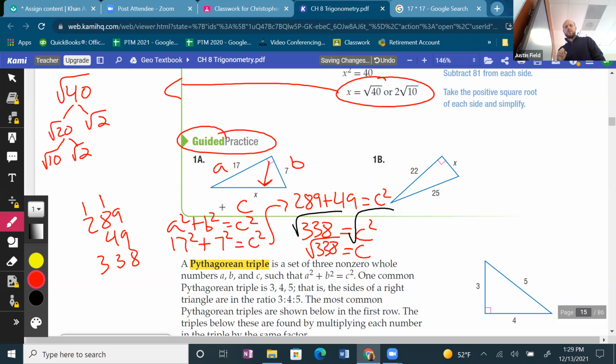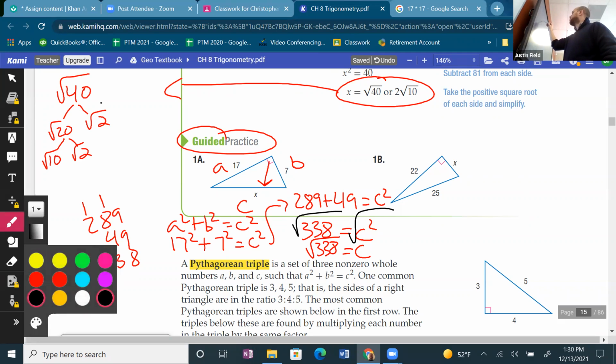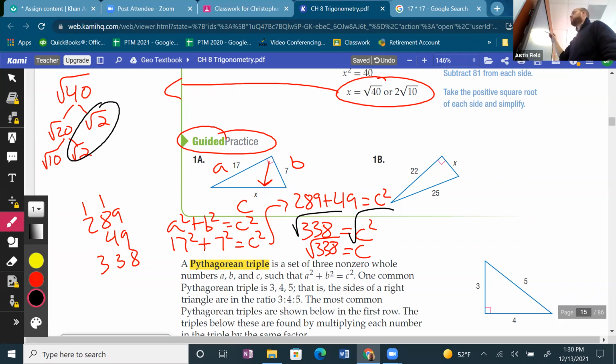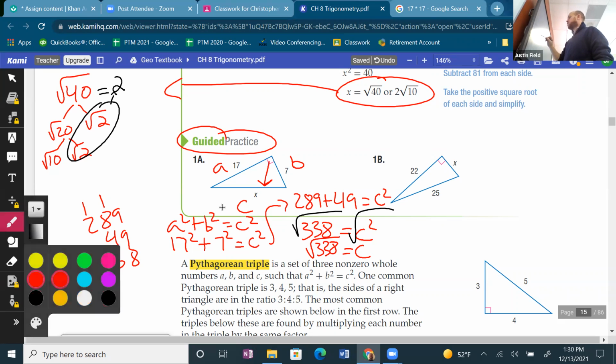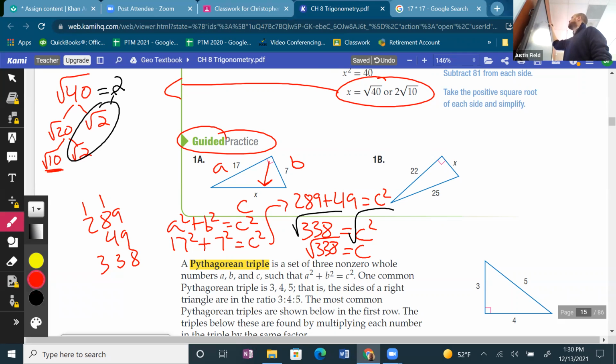Well, hold on, wait a minute. The square root of 2 times the square root of 2, what is that? If we multiply those together, we get 2. So the square root of 40 is equal to 2, and then the square root of 10 is still there. That's because the square root of 2 times the square root of 2 equals, by definition, 2.